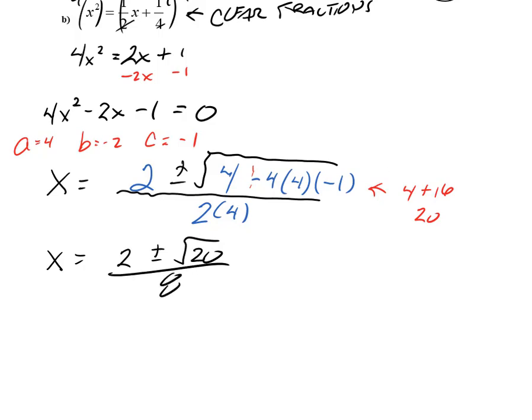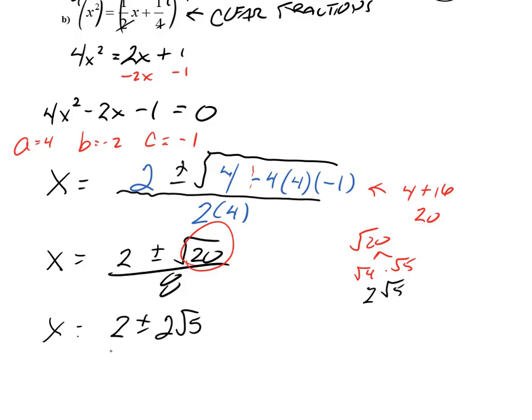So the next thing we'll ask is, can we simplify the square root of 20? The square root of 20 is the same as the square root of 4 times the square root of 5. So we can rewrite this again as x equals 2 plus or minus 2 square root of 5, and then that's all over 8. So we have our answer.